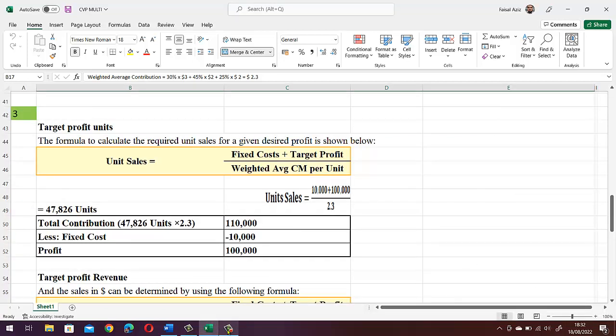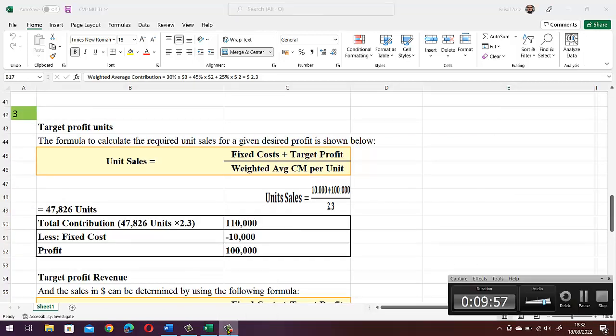In requirement number 3, we will have to calculate target profit units. The target profit which the company wants to earn is $100,000. So have a look at the target profit units formula.